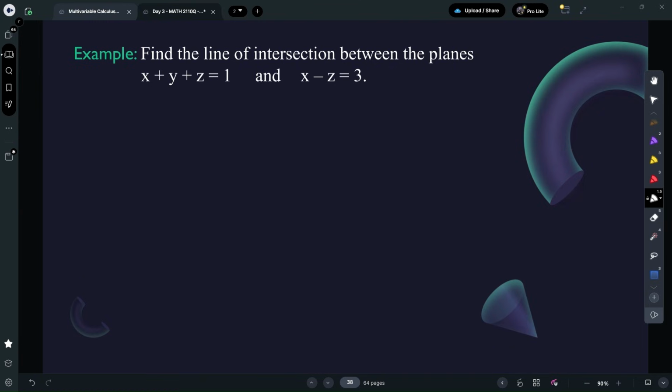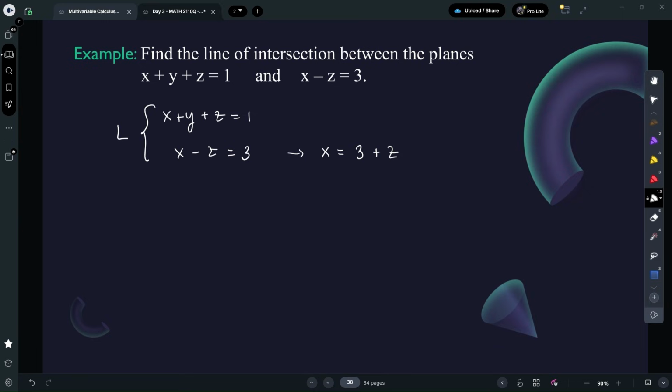Since we found that these two planes are actually perpendicular, there is a line of intersection between them, and I can parameterize it. It has to be a line that is given by the intersection of these two planes, so it has to satisfy both equations at the same time. From this equation, I can solve for x in terms of z: x is 3 plus z.